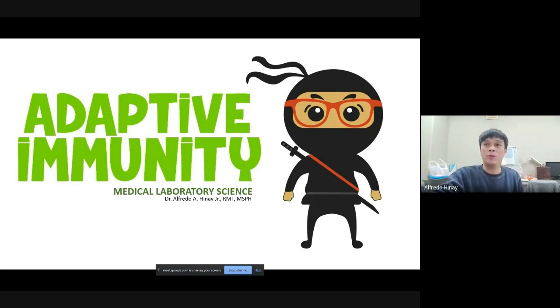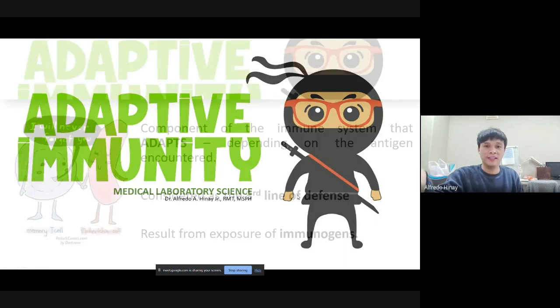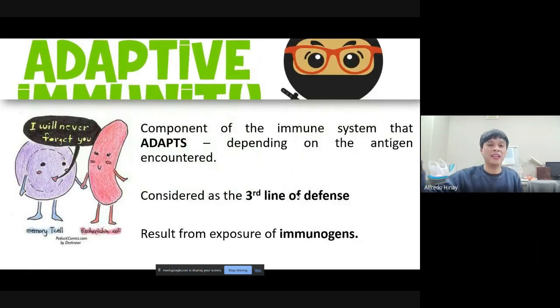Okay, so now we will try to cover your adaptive immunity, class. The adaptive immunity is a component of the immune system that adapts, which is why it is called adaptive, right? It depends on the antigen encountered. The response will depend on the type of antigen that they encounter.